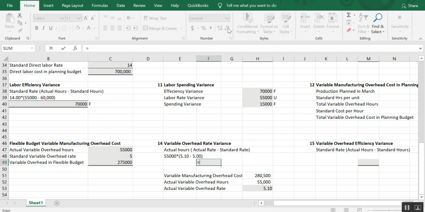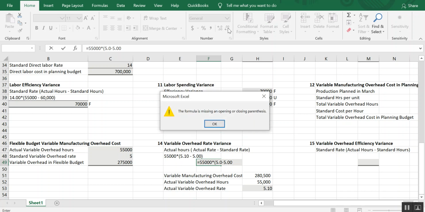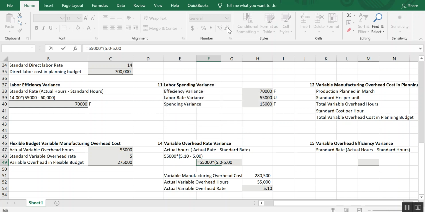We'll take 55,000 times $5.10 minus $5, and we get $5,500.